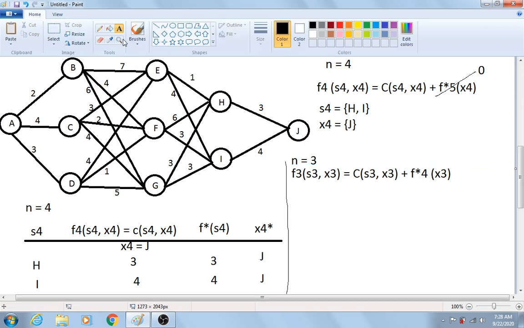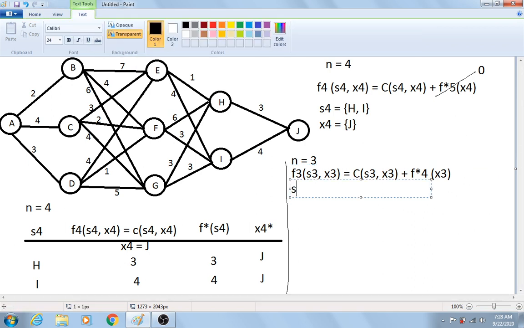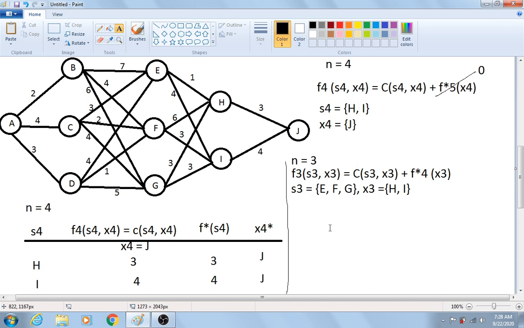Okay, so here what is our s3? S3 consists of, this is stage number 3. So our position will be E, F, and G. And our X3, that means our destination, will be H and I. Now, we need to do the calculation again by using a table.